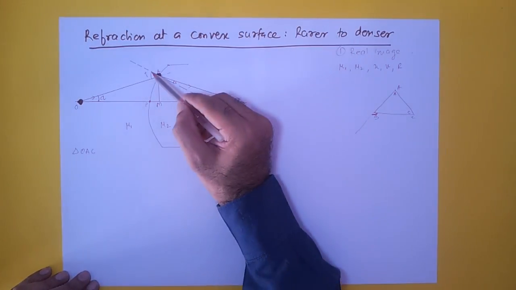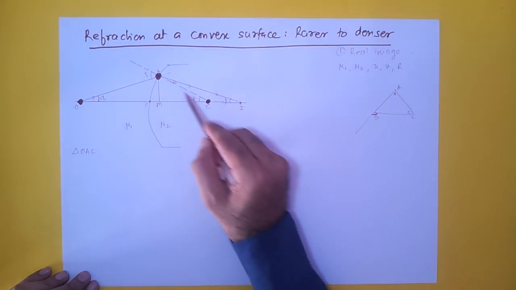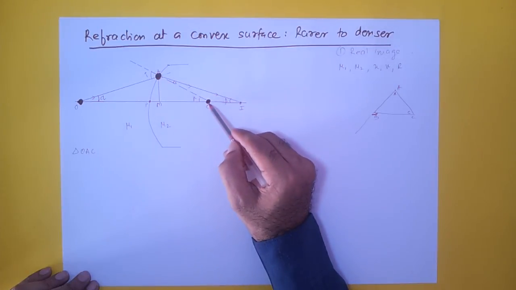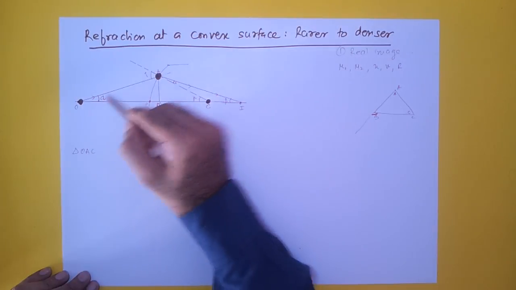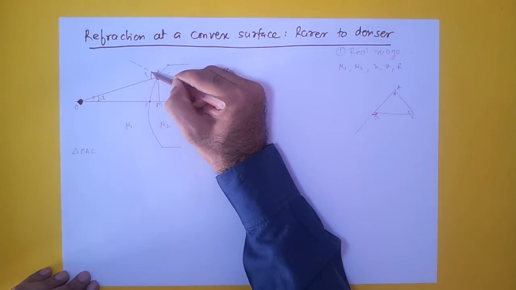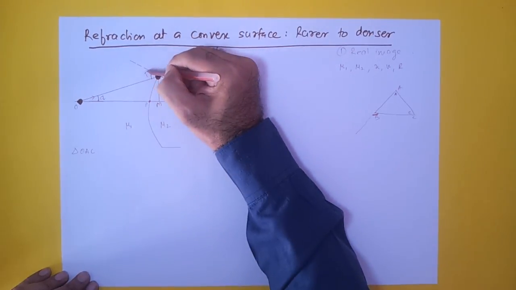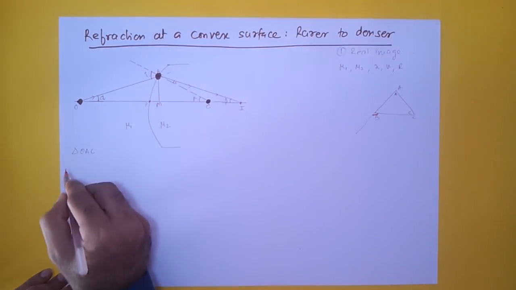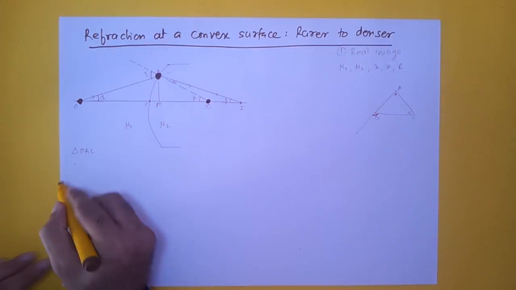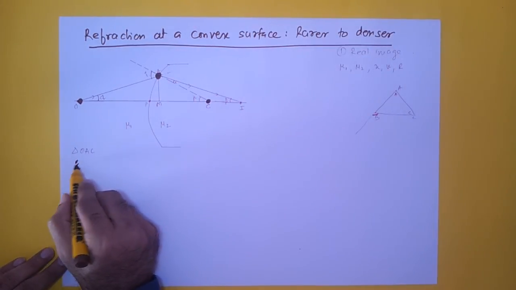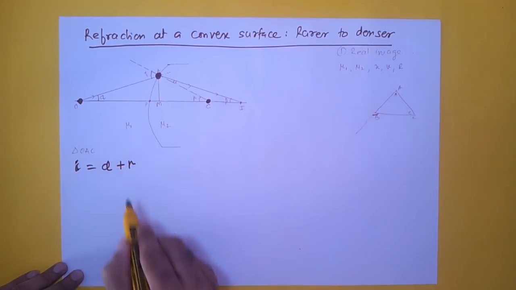We are looking at angle OAC. Right? This angle. So you can very clearly see this is gamma, this is alpha, and the external angle is i. If I extend this line over here, this line is getting extended over here. So the external angle is i, and therefore I can write down that in triangle OAC, i is equal to alpha plus gamma.